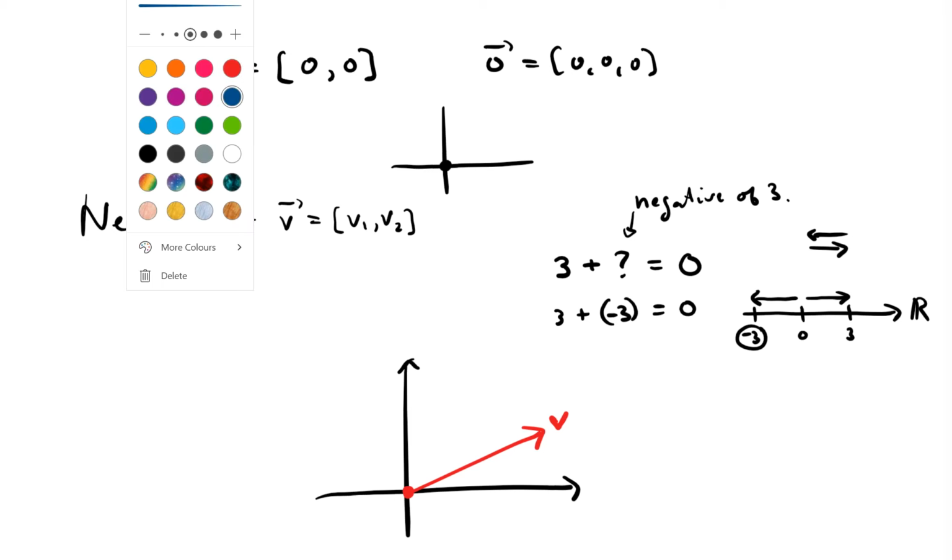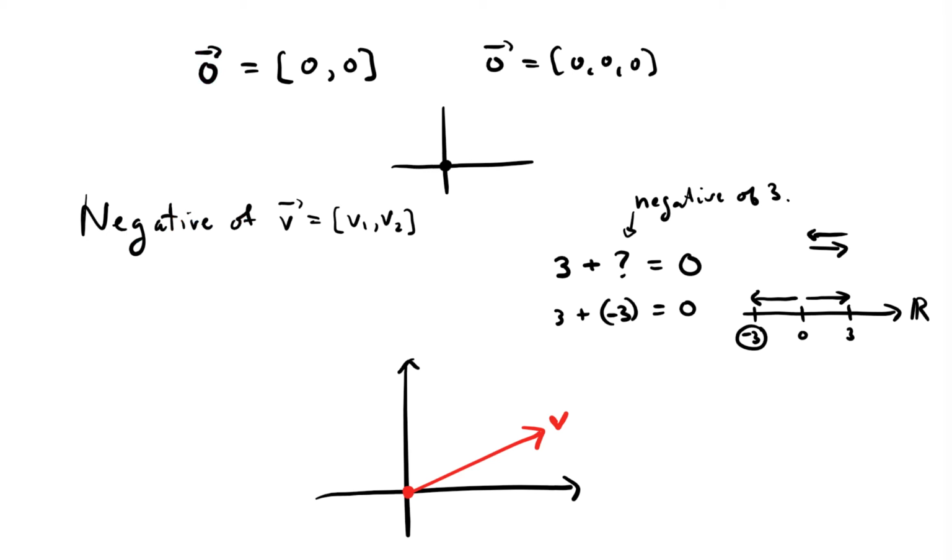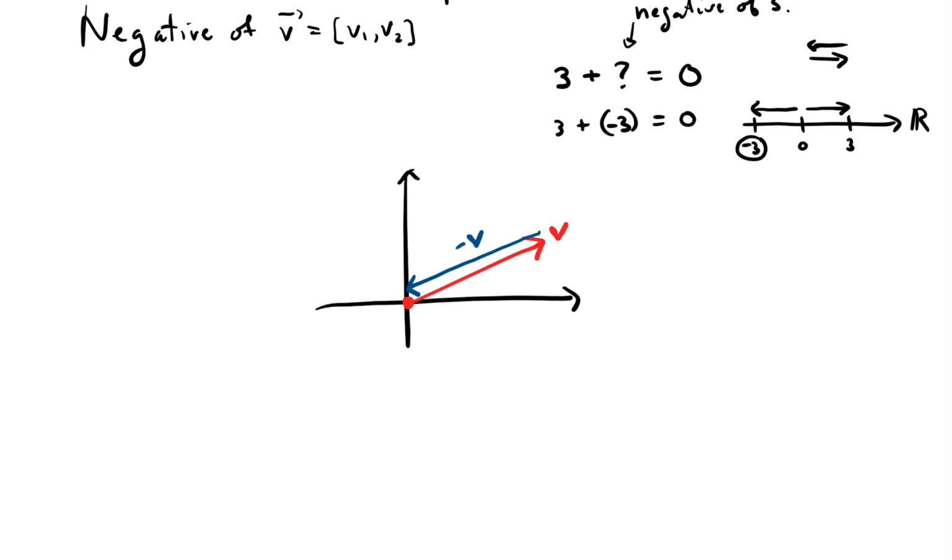Remember, when we're adding vectors, we're following the path that we get by following each vector. So if I do v, if I want to get back to where I started, I need to go this way. So I need to go along a vector that has the same length as v, but the opposite direction. So that's how we're going to define what minus v is. So basically, if you've got a vector v like this, that would be negative v.